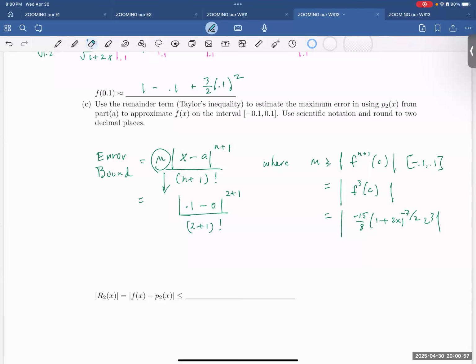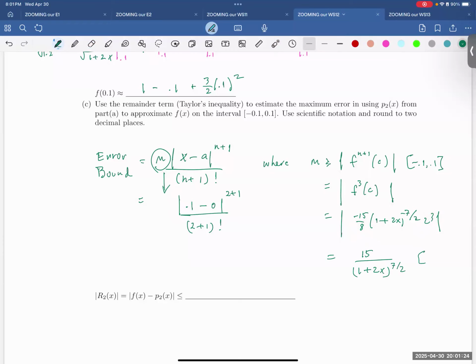Okay, so the bars make that positive, and we're looking at then 15 times 8. Oh, the 8's cancel, so this 8 and that 8 gone. So we have 15 over 1 plus 2x to the 7 halves.